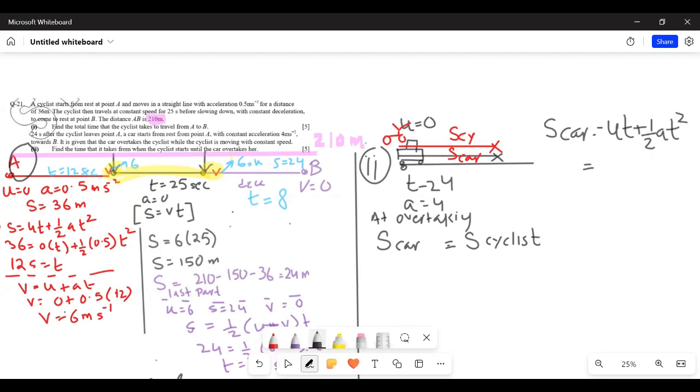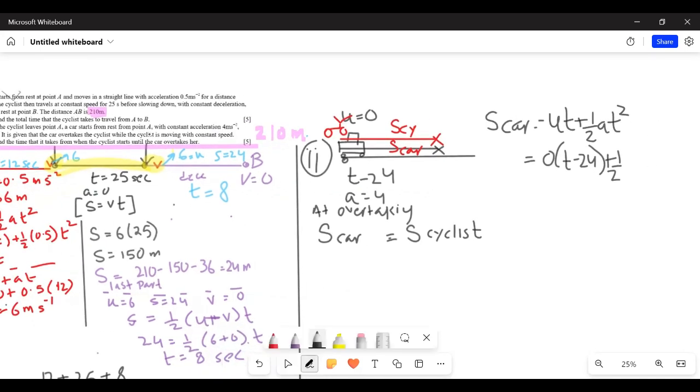So U is 0, T is T minus 24, plus half, A is 4, and T is T minus 24 squared. So the distance covered by the car is going to be half times 4, which gets cancelled, so 2 times T minus 24 whole square.